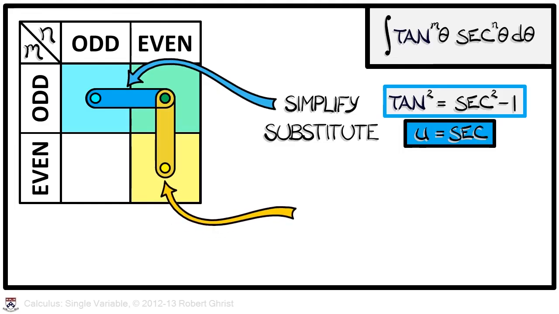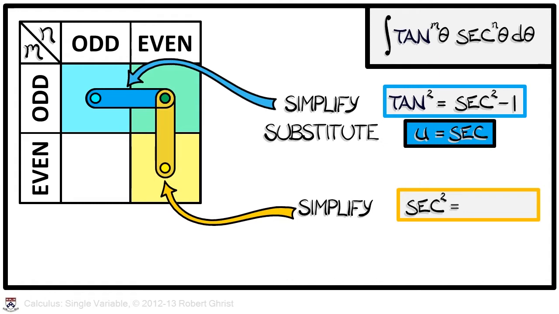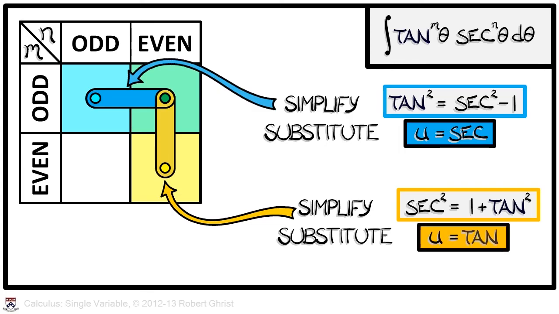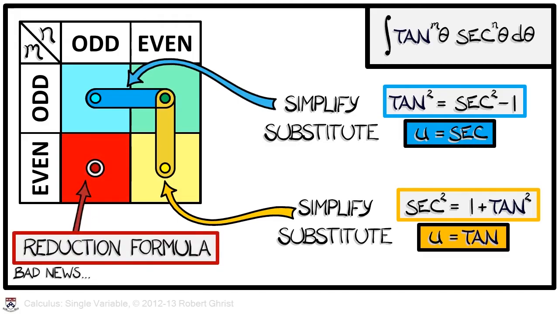Likewise, if n, the power of secant, is even, then one can simplify every secant squared as 1 plus tangent squared. The substitution u equals tangent will then work. The one remaining case where a reduction formula is required is when n, the power of secant, is odd, and m, the power of tangent, is even.